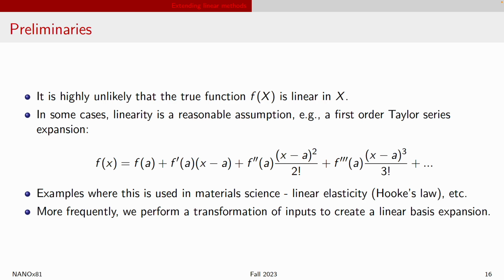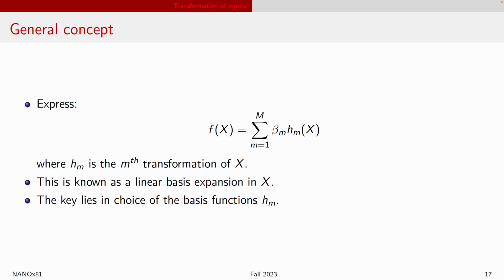But more frequently, what you want to do is to have the flexibility to model more complex relationships between your input and output, okay? All right, now this is the general concept, right? So instead of modeling it as a linear function of x, I'm going to model it as a linear function of some transformation of x, right?